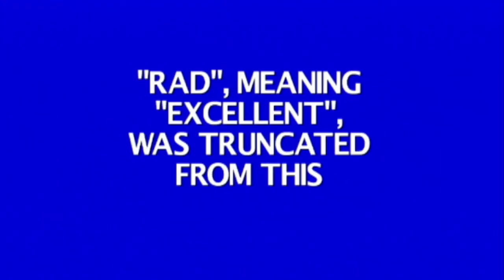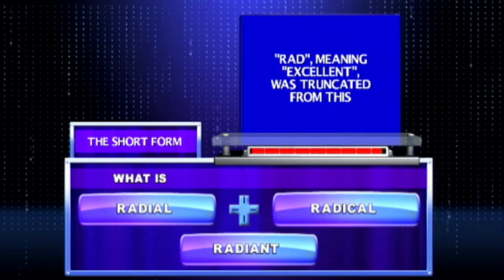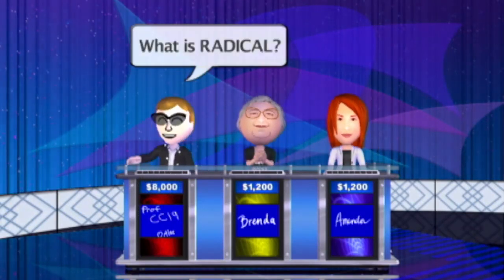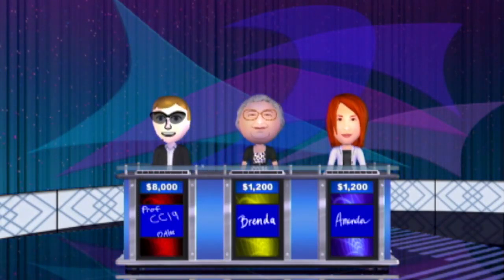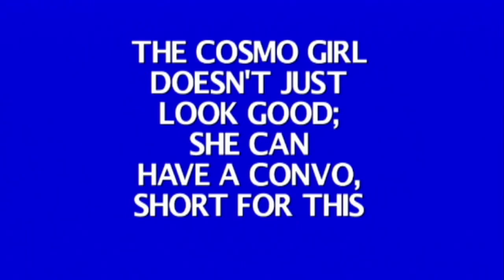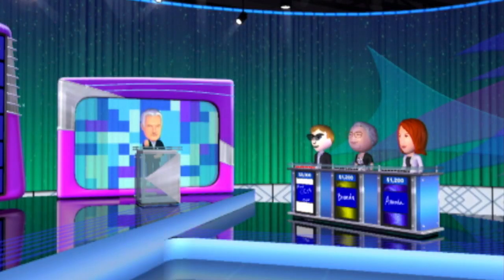Rad, meaning excellent, was truncated from this. It's Player 1. That is correct. You again, Player 1. The Cosmo Girl doesn't just look good, she can have a convo, short for this. Okay, Player 1.